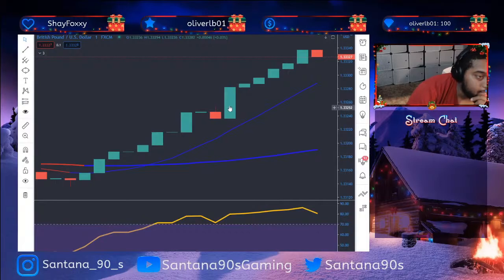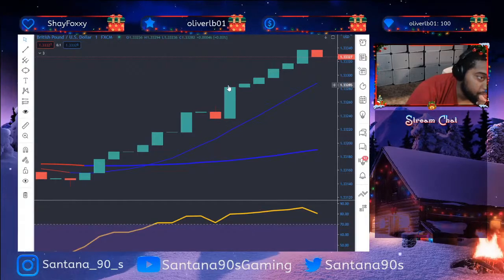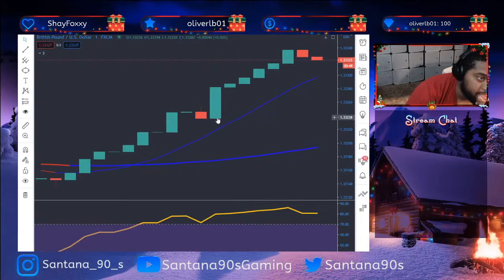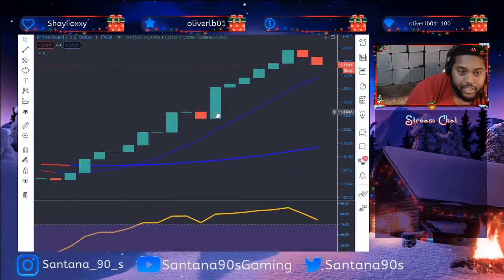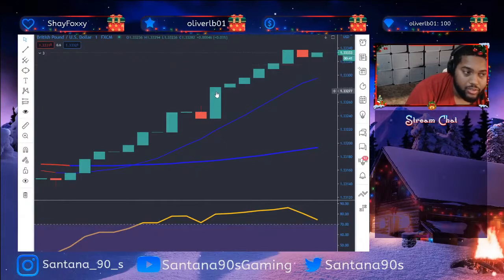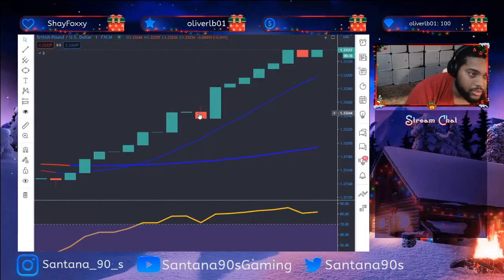But yeah, this is a candle. This is a wick. You see this big body, right? What this means, look, right here, a green candle, since it's going up, I have it green color. When it's a green candle, it means that the price was going up. When it's a red candle, it means that the price was going down.